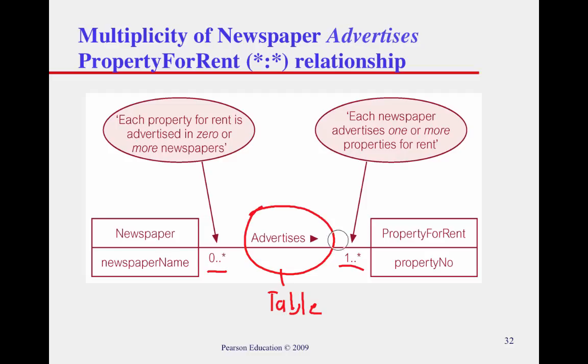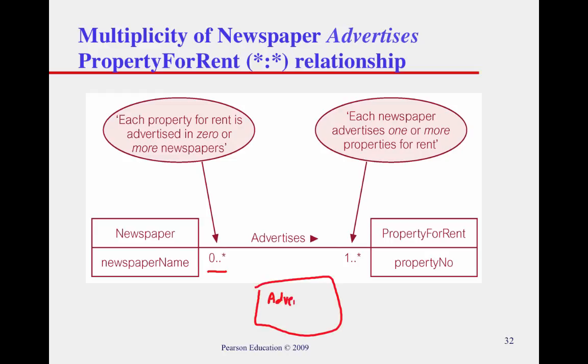If you're a beginner, you're going to have a big temptation to write it this way. You're going to want to write advertisement and you're going to want to write property. You're going to say advertisement appears in maybe newspaper, and then you're going to say property for rent, advertisement advertises.